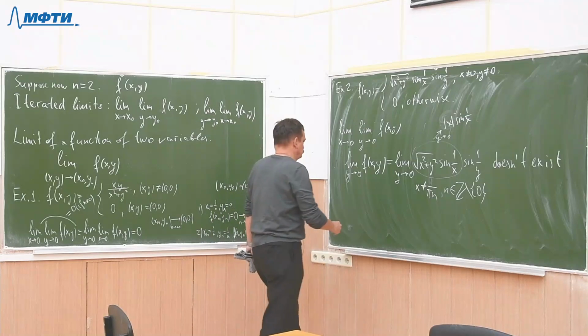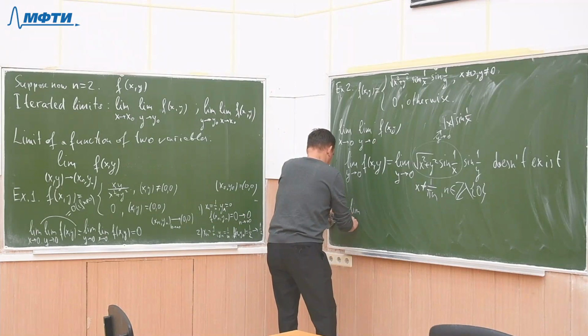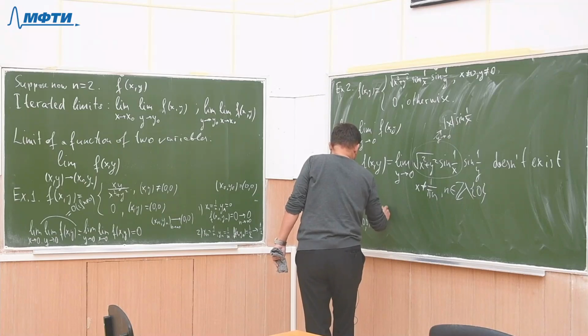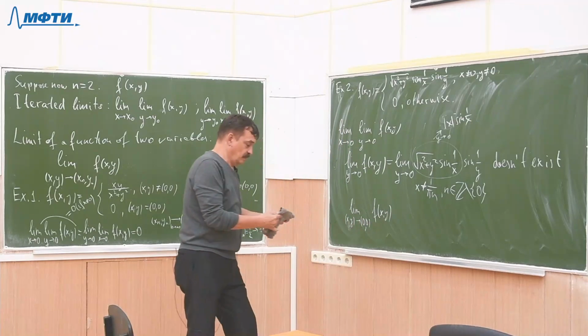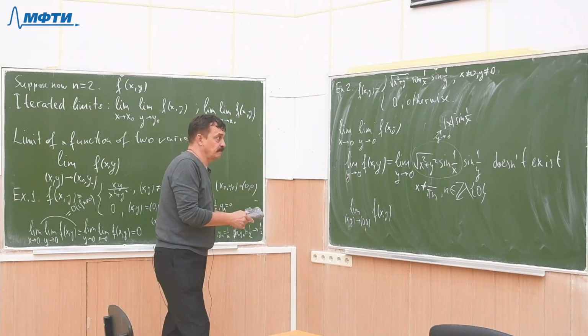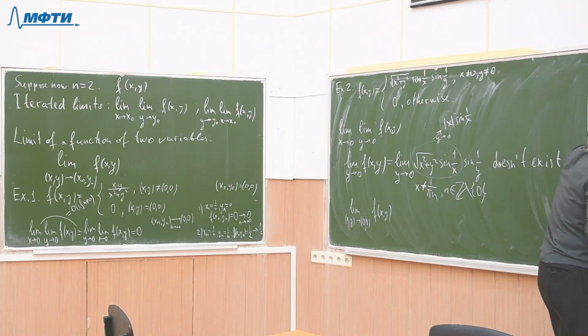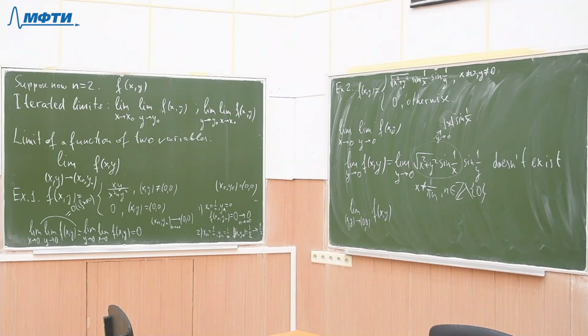So what about the limit as x, y tends to 0, 0 of our function? The best way to do it is, in fact, related to so-called polar coordinates. So, what are they?